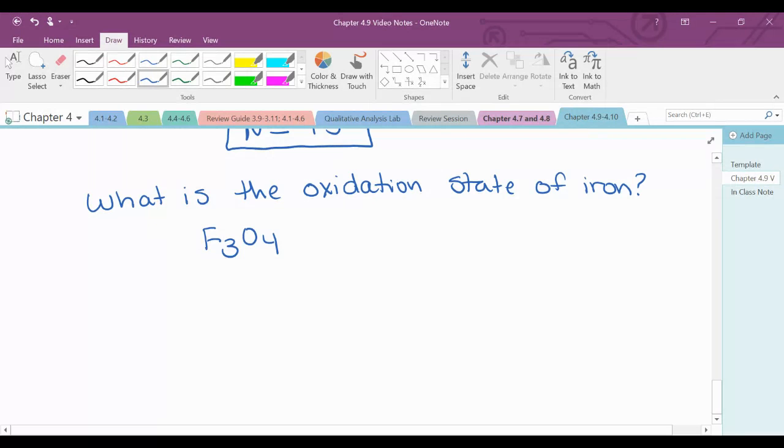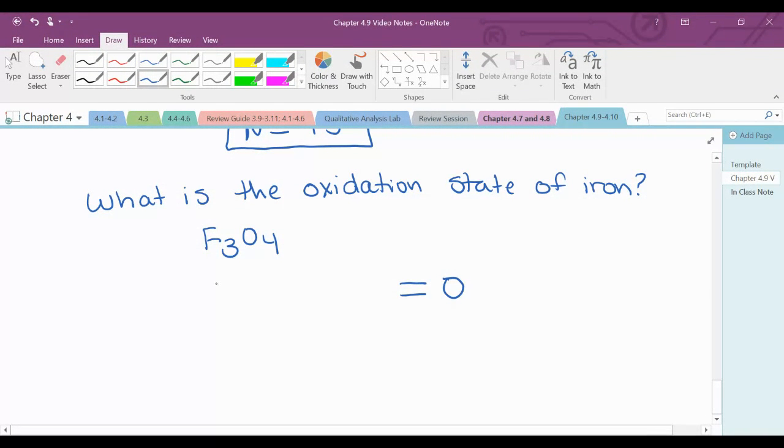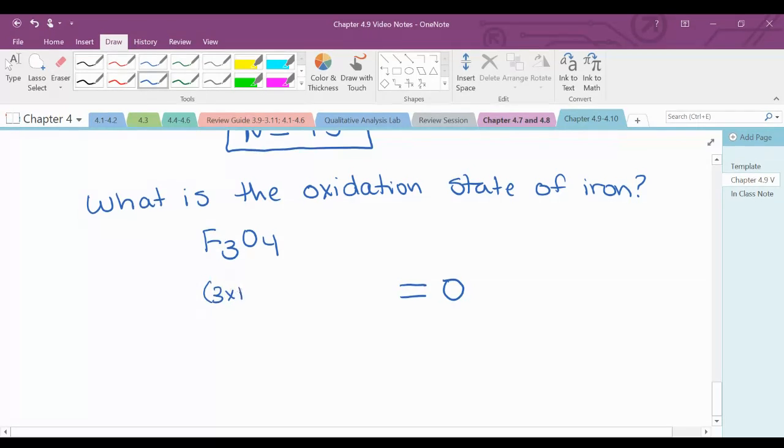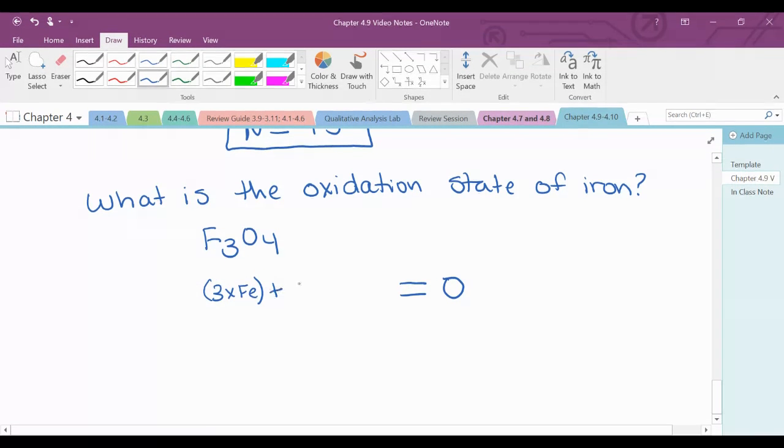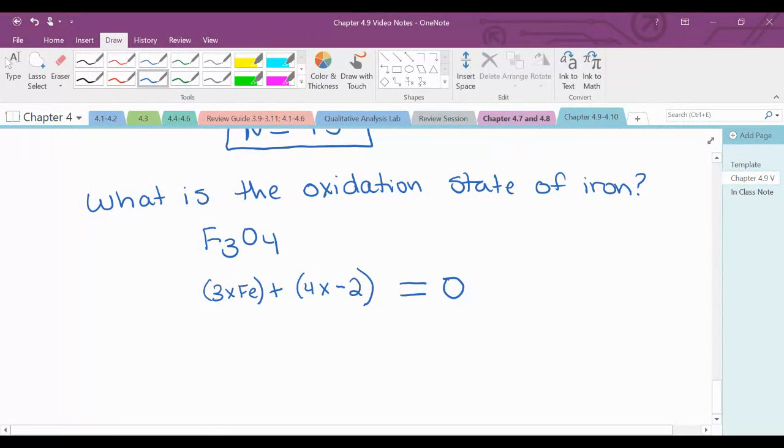So this is a neutral ionic compound, so it's going to be equal to 0. We have 3 irons plus 4 oxygens. Each oxygen has a -2 oxidation state.